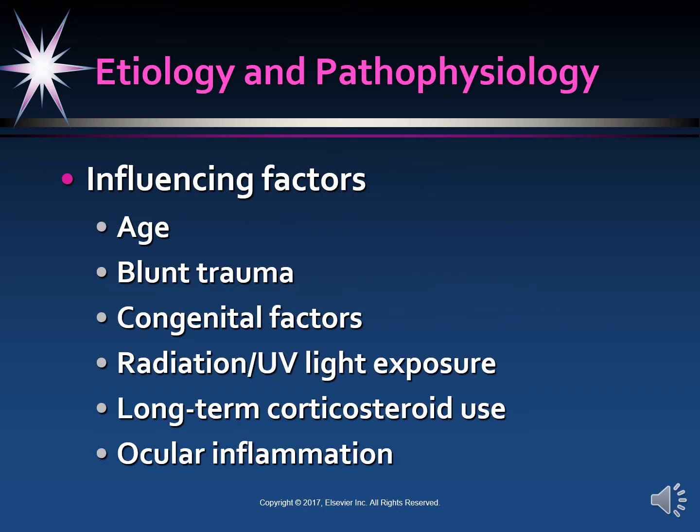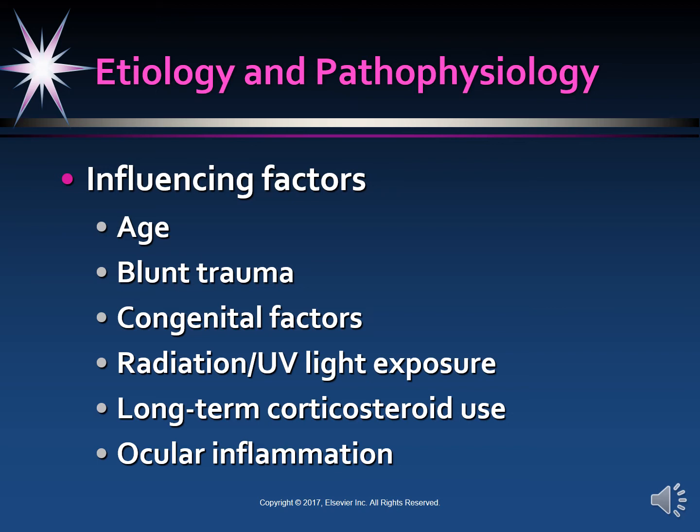So aging is definitely a risk factor. Over the age of 40, your risk starts increasing for development of a cataract. By age 80, 50% of individuals will have a cataract, so it's a pretty high percentage. Some other risk factors would be trauma.